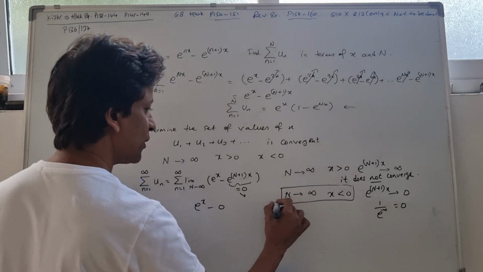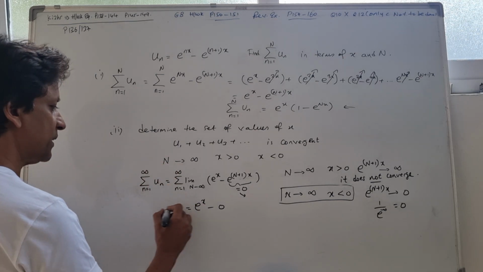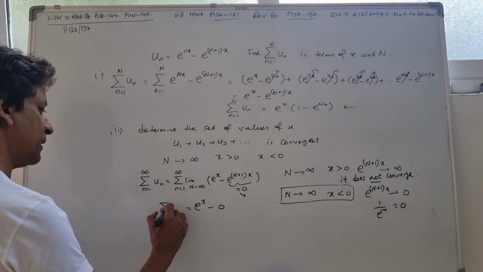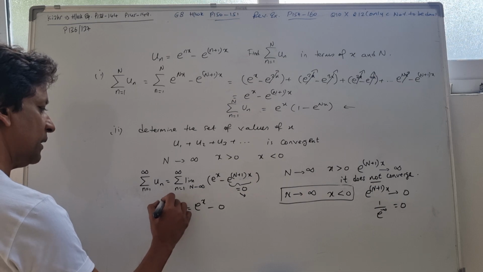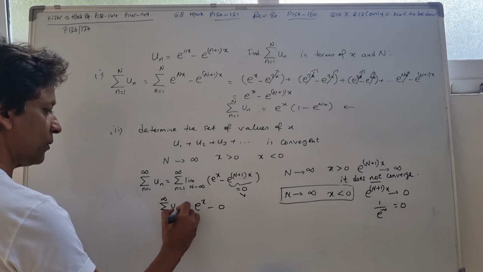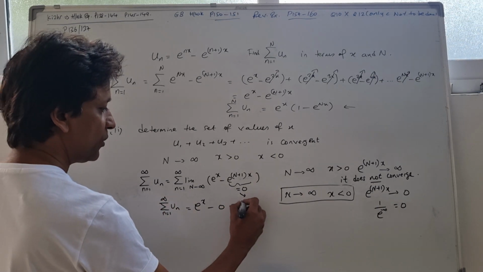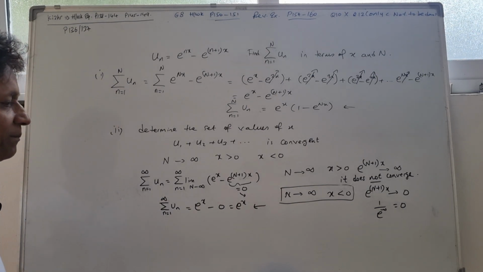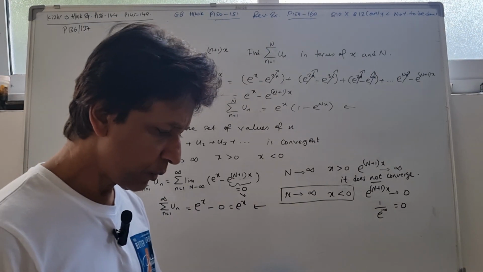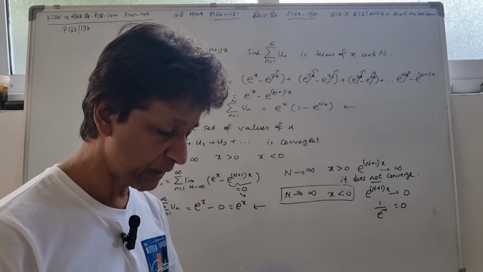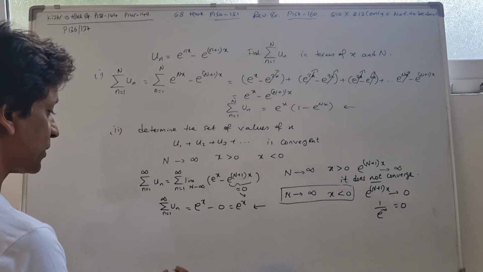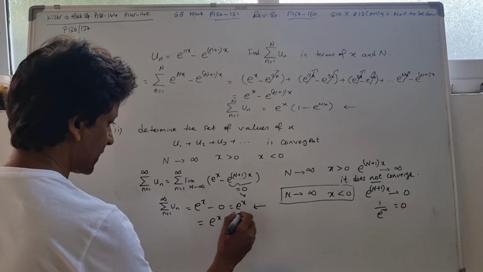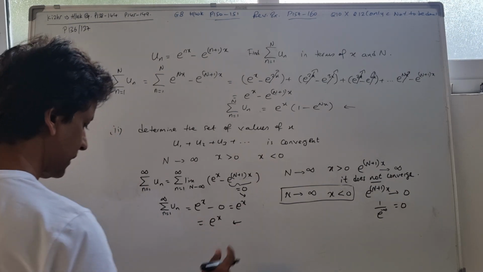So the set of values of x for which the sum to infinity is convergent, and the sum to infinity for cases where it exists, is e to the x. That's the answer.